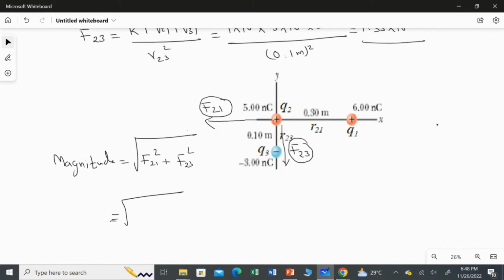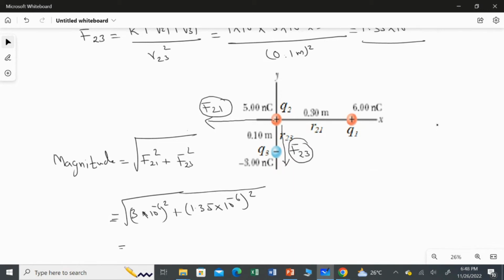Square root of 3 multiplied by 10 power minus 6 square plus 1.35 multiplied by 10 power minus 6 square.